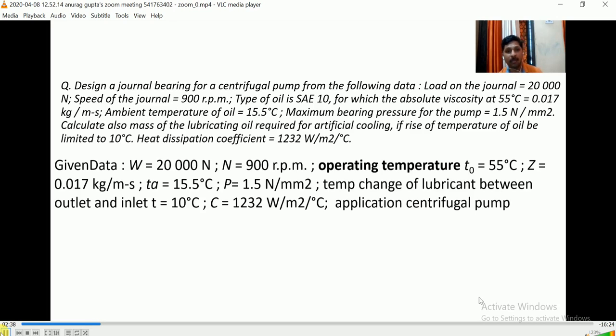The temperature change of lubricant between outlet and inlet is 10 degrees centigrade. The heat transfer coefficient for heat dissipation is 1232 watt per meter square degree centigrade. So these are the things which are given. Better to write, instead of C, capital KA.